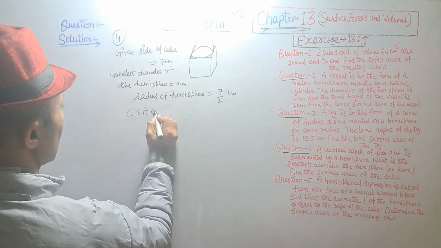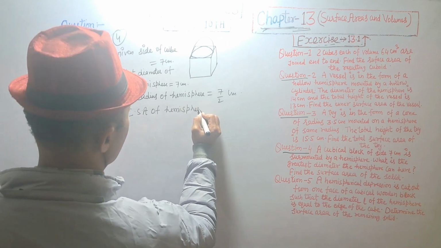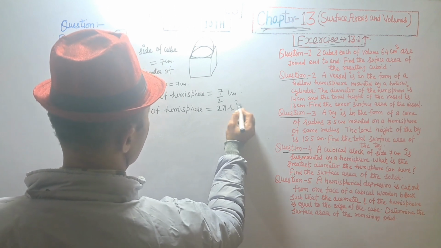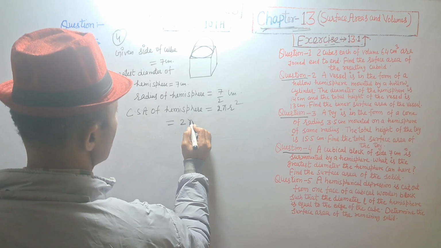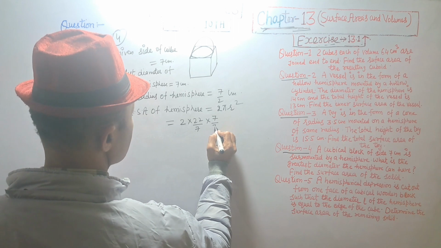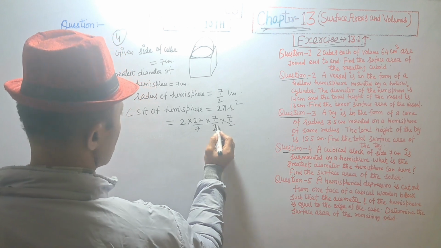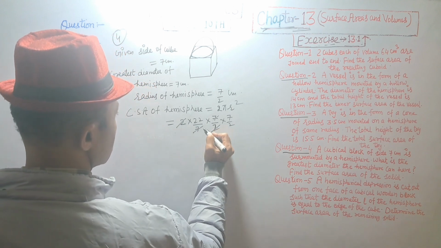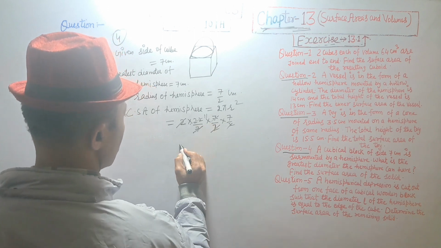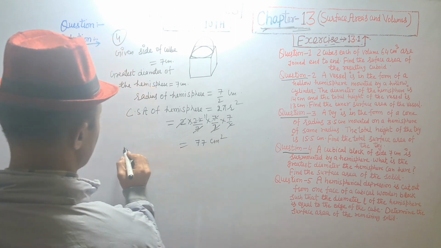Curved surface area of hemisphere is equal to 2 pi r square, that is equal to 2 into 22 upon 7 into radius 7 upon 2, 7 upon 2, 2 is cancelled, 7 is cancelled, 2 11s are 22, 11 7s are 77 centimeter square.